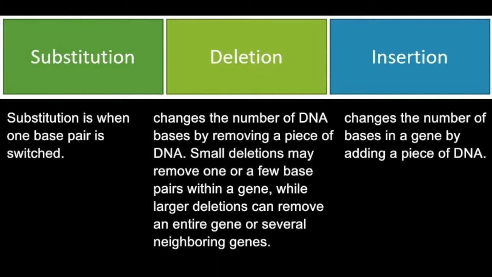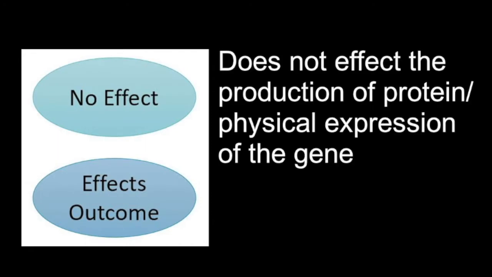Insertion changes the number of bases in a gene by adding a piece of DNA. As stated previously, mutations can either have no effect, where no physical expression or change to the protein is visible on the gene, or they can have effect, where a trait is altered.